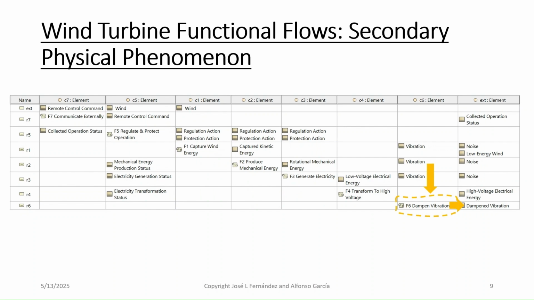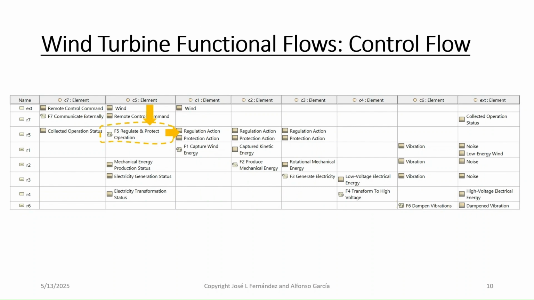But there's more. There is also a secondary physical flow working behind the scenes to minimize undesired outputs. This one focuses on reducing vibrations caused by the transformations of the main physical flow. Then, once we have identified the physical flows, we change our focus to the data flows.